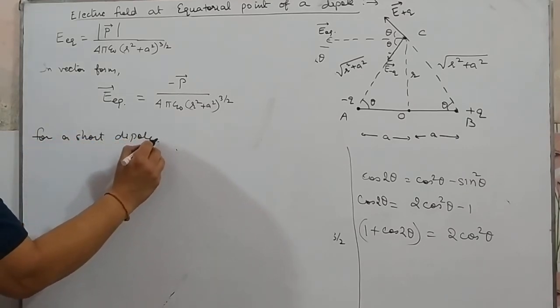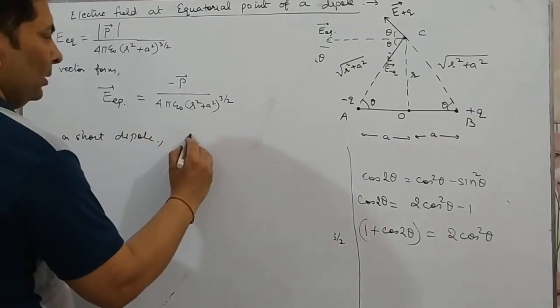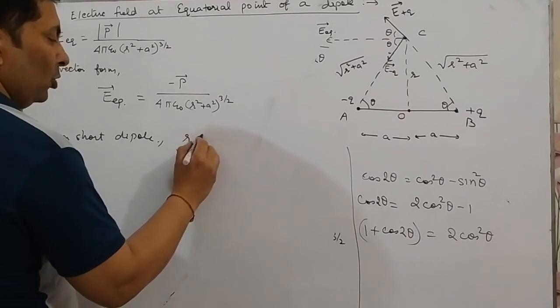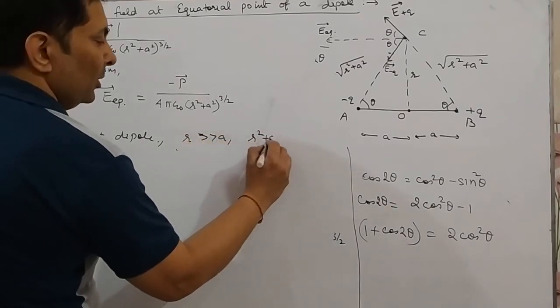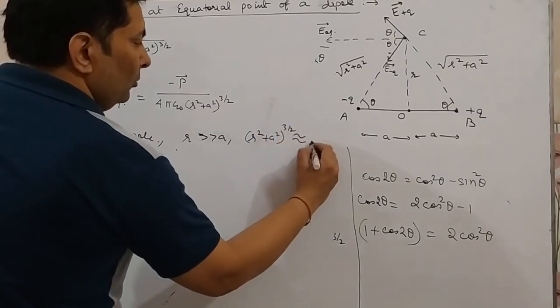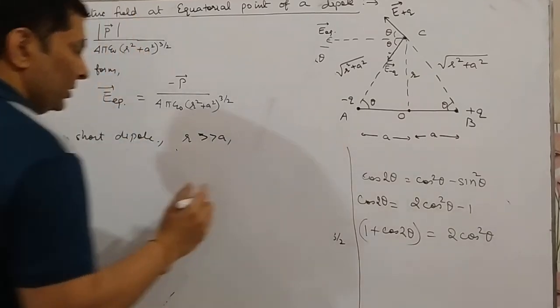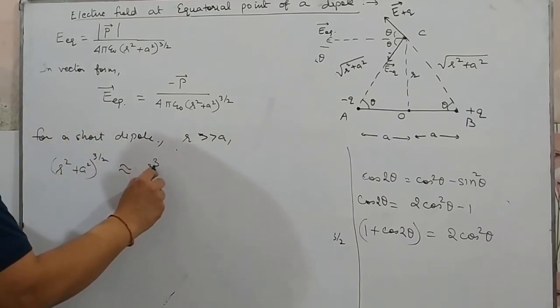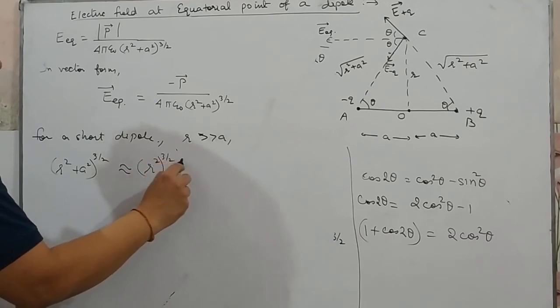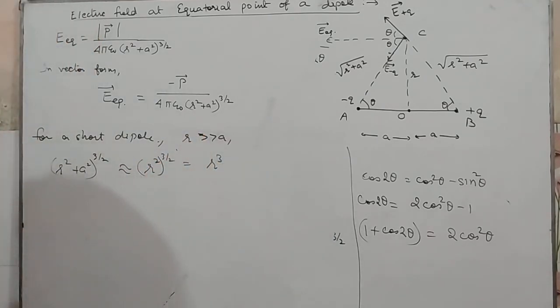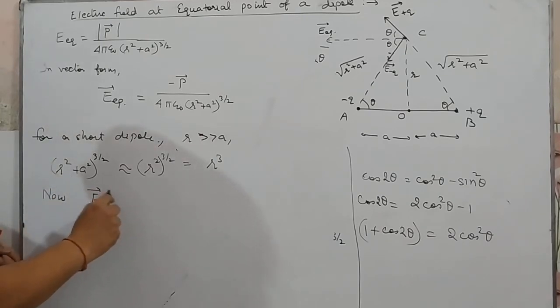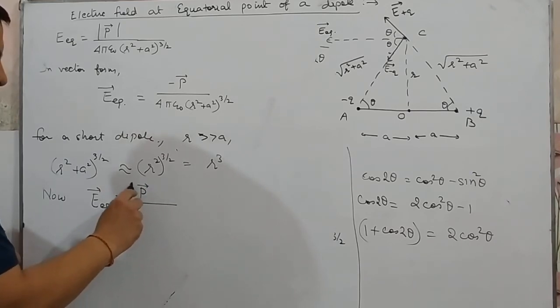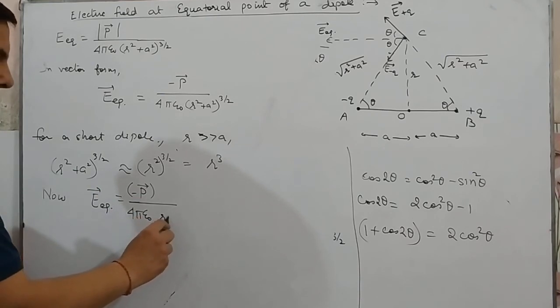For short dipoles, r is much greater than a, and we can say R squared plus A squared power 3 by 2 is nearly equal to R squared power 3 by 2, that is R cubed. Now E equatorial is given as minus P upon 4 pi epsilon naught R cubed.